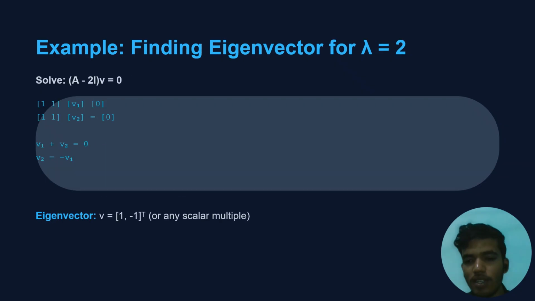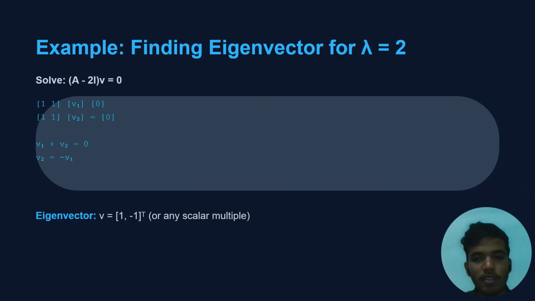As we previously discussed, eigenvalues tell how the eigenvector is stretched or compressed and how it has changed during the transformation. For example, when we got the eigenvalue lambda equals 2, we can find the eigenvector by solving this.